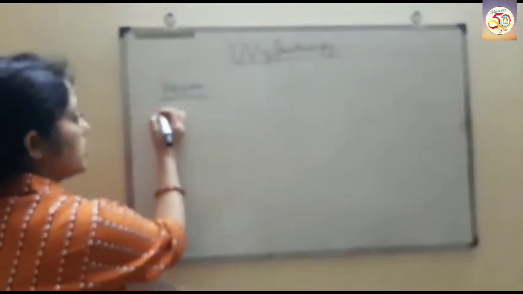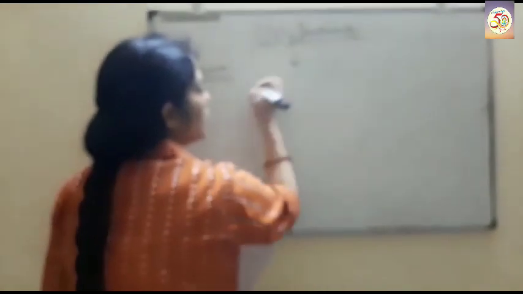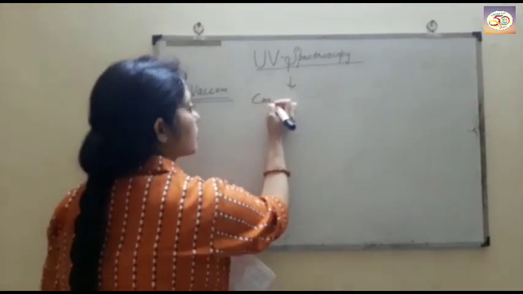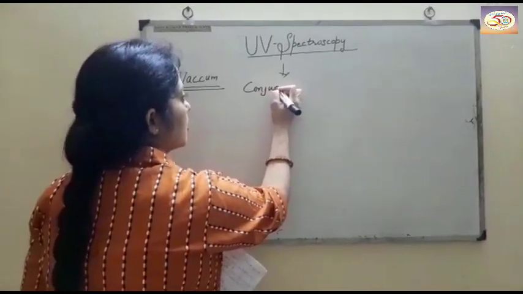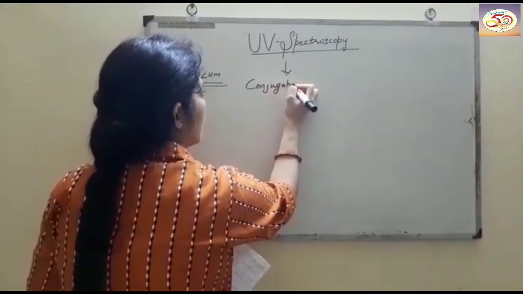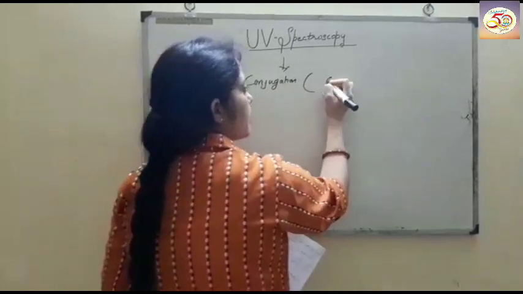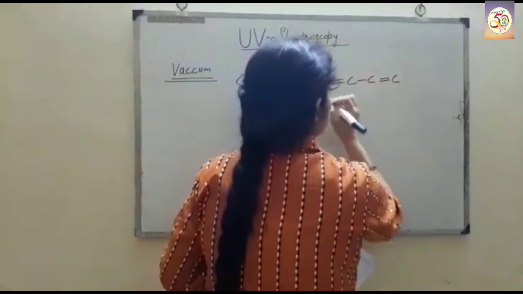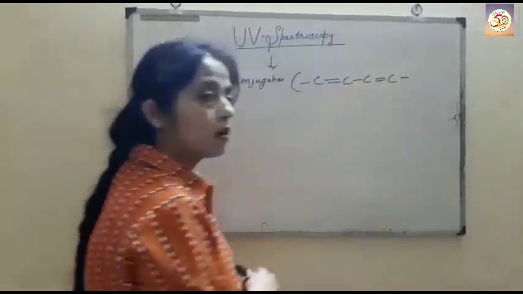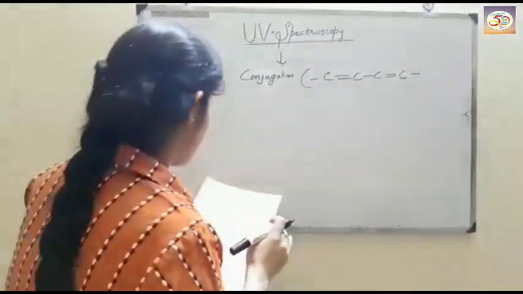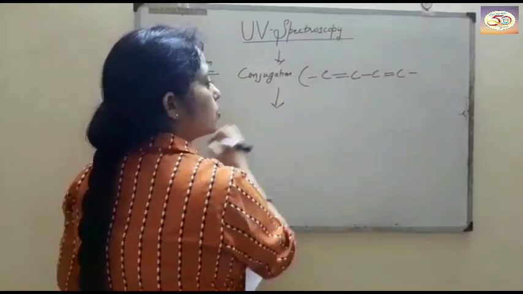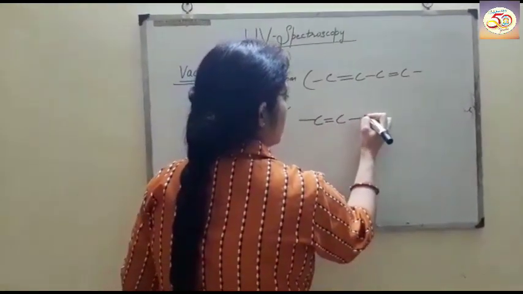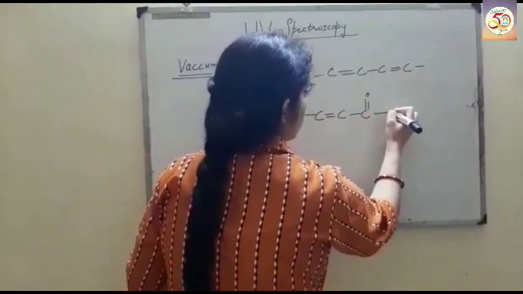The technique is useful for predicting the conjugation. What is conjugation? It is alternate double and single bonds present in the compound. It is also used to elucidate the unsaturation in carbonyl compounds.